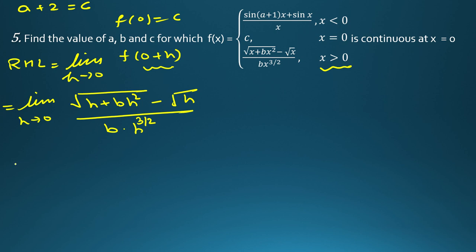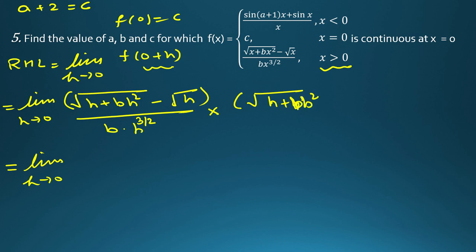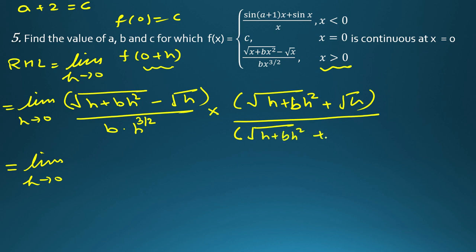Now, we cannot put h is equal to 0 here because it will come in indeterminate form. So, what we can do here? We can multiply numerator and denominator by conjugate of numerator this time. So, it will be root of (h plus bh square) plus root h upon same expression in denominator also.